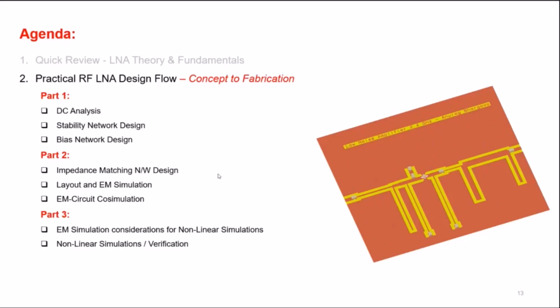But let me tell you from my experience, if you do things right in ADS during design phase, you will get exactly the same performance when you are measuring the circuit in your lab.